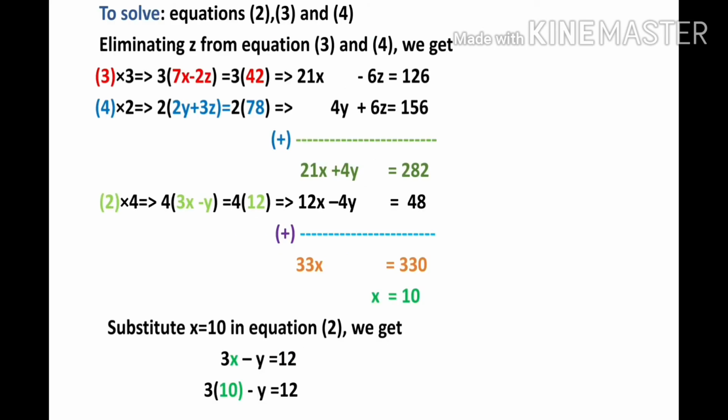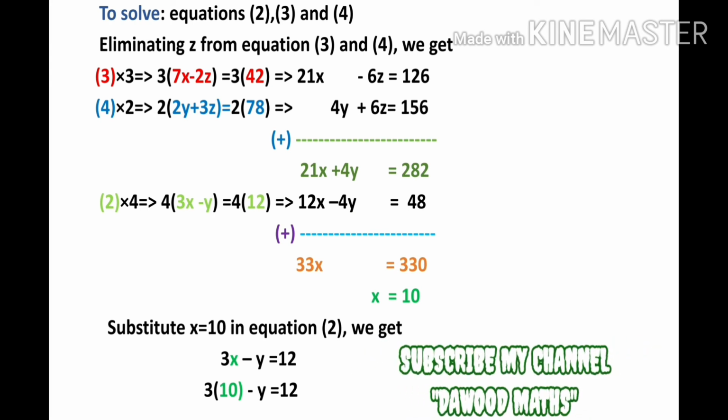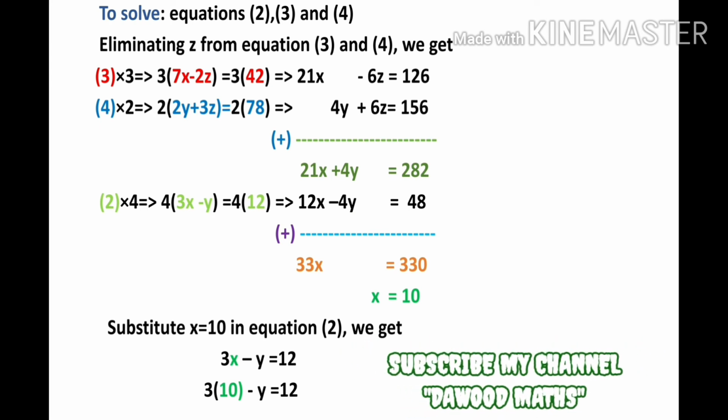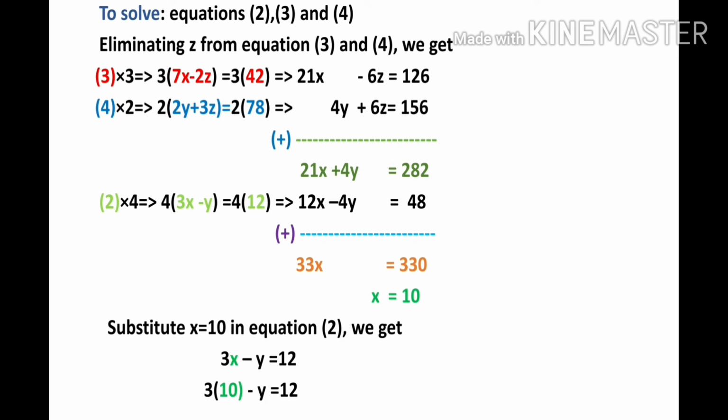So how can we solve this? First we have to eliminate any one variable. That's why I eliminate z first by multiplying equation 3 by 3. I write equation 3 in red color, that is 7x minus 2z is equal to 42.